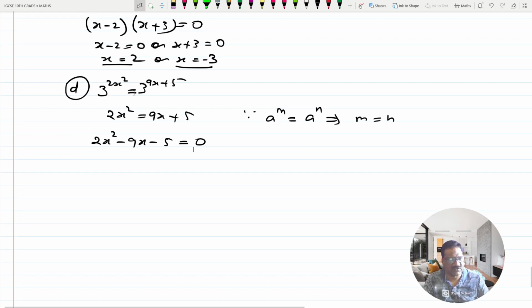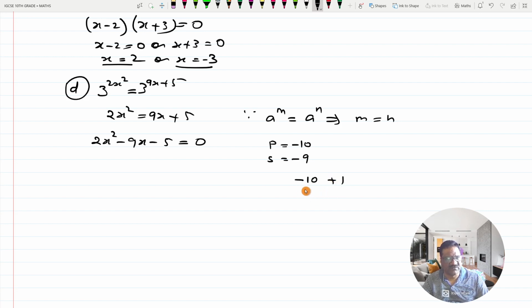If you want to solve this quadratic equation, the product will be minus 10 and the sum is minus 9. So I'll take the two numbers as minus 10 and plus 1. These are the two numbers which when you multiply, you get the product as minus 10, and when you add them up, you get the sum as minus 9.